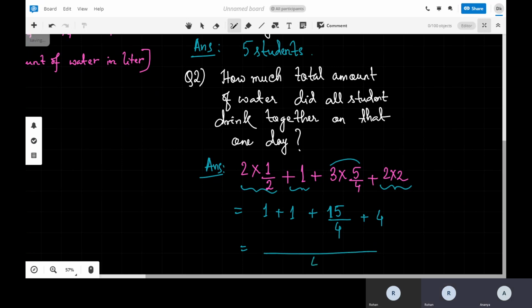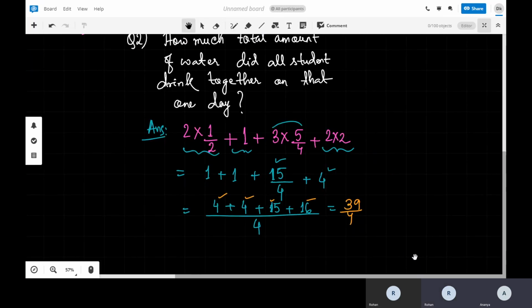So for the first one we would have 1 times 4, that is 4. Plus the second one as well, 1 times 4, that is 4. Plus for this one we would have 15. Plus for this one we would have 4 times 4, which is 16. Very good. So what do we have in the numerator? 4 plus 4 plus 15 plus 16, which is equal to 39. So we have 39 over 4, correct?